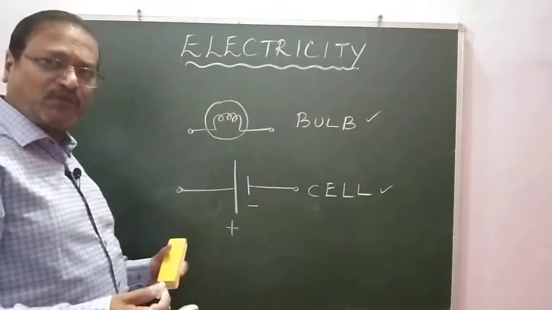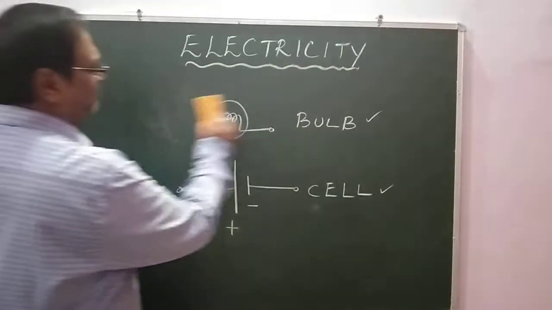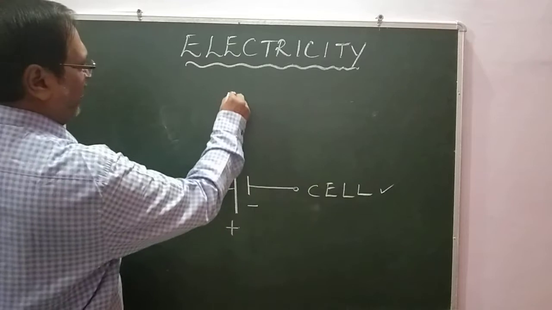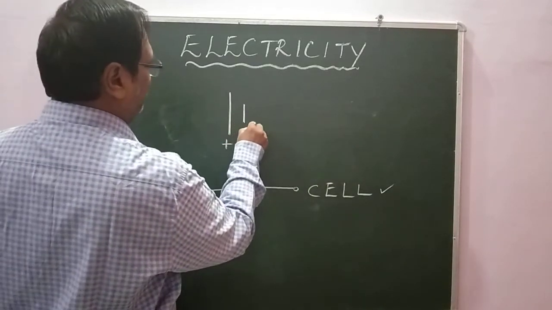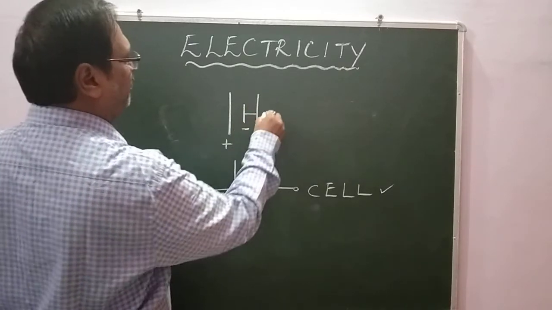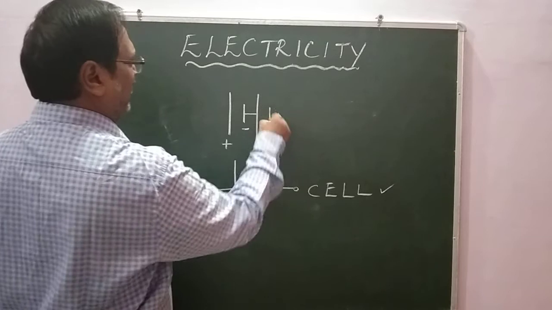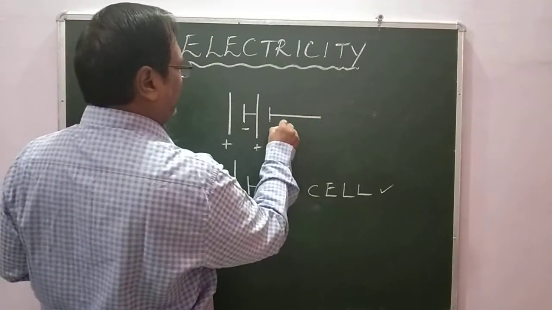Suppose I have more than one cell, then what should I do? Very simple. Take one cell, positive, negative, put a small line. Again draw another big line and a small line. Again positive, negative.